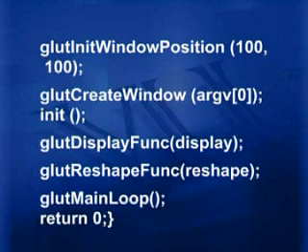Glut create window argv 0 is called next, and then we call the init function. After that, glut display func is called with the parameter display, and glut reshape func is called with the parameter reshape. We have already defined the display and reshape functions. Glut main loop is finally called in order to get the ball rolling, and then return 0.